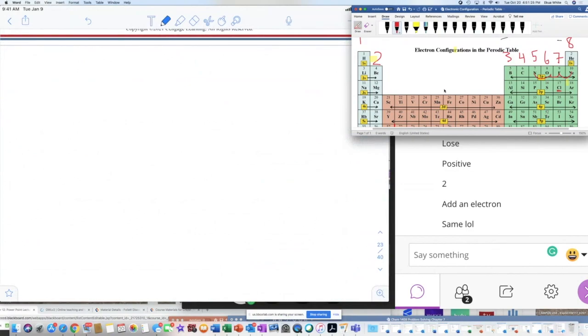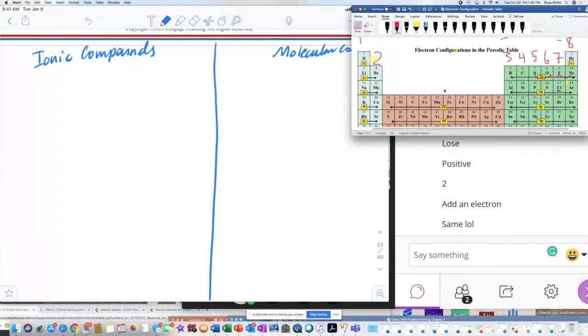Okay, so we're comparing ionic compounds, kind of like a remix, and molecular compounds. We're going to look at what's similar about them and what's different, based on the little we've learned so far. Ionic compounds form from metal and non-metal most of the time.